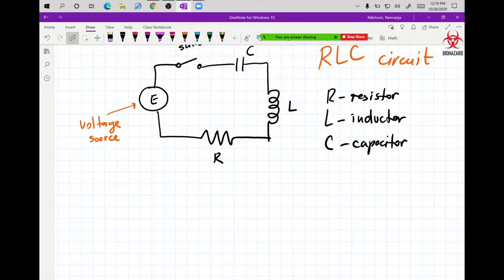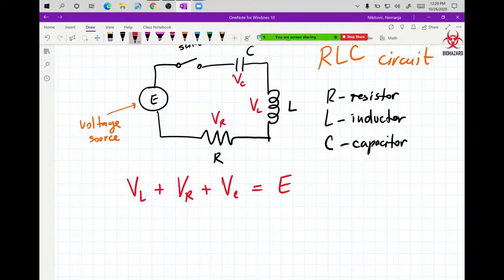I already said that you are going to have the voltage drops, let's call them VC, VL, and VR, and those three together will give you the total voltage, which is E. VL plus VR, and then we have VC is equal to E. What we said before is that the sum of all voltages will be the same as the voltage that is produced.